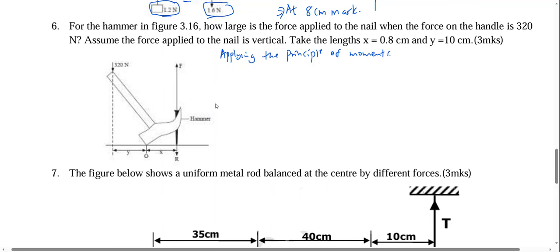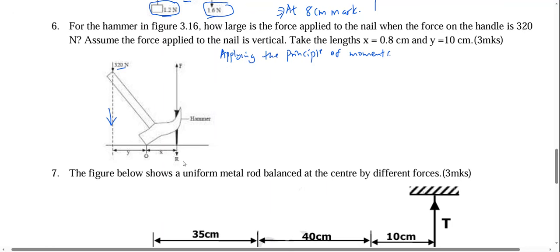And for this case, which are these clockwise? If this 320 Newton is acting vertically, it means it's acting downwards.